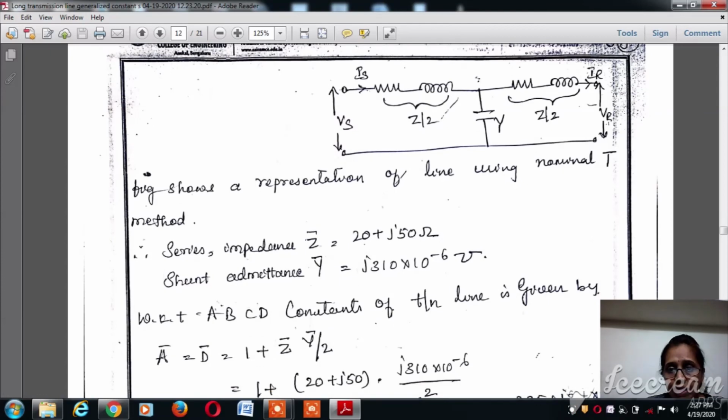Since the capacitance is at the mid, we need to know that 20 plus J50 appears on both the sides.